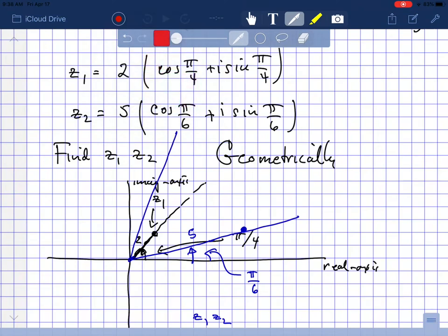And again, maybe I'll change the color. So this angle here is pi over 4 plus pi over 6, which is equal to 10 pi over 24, which is equal to 5 pi divided by 12. Okay?